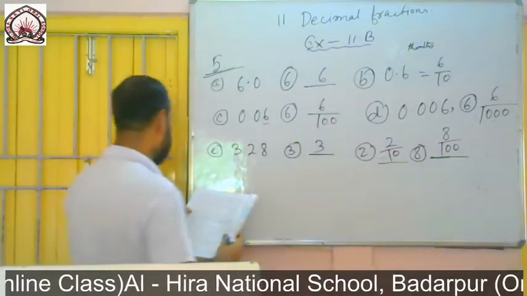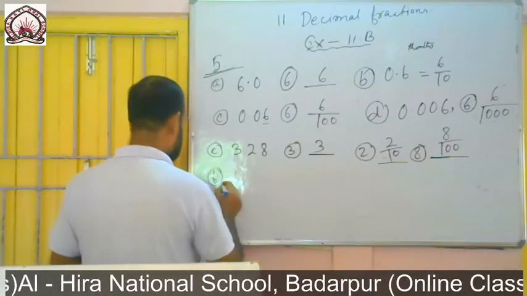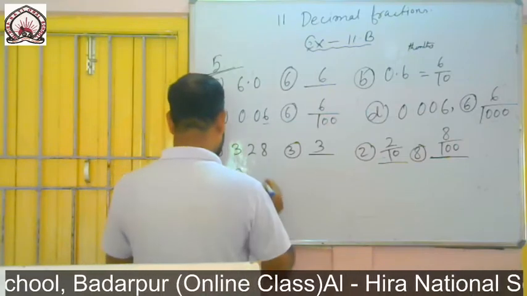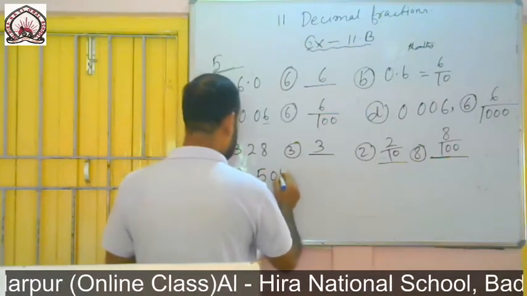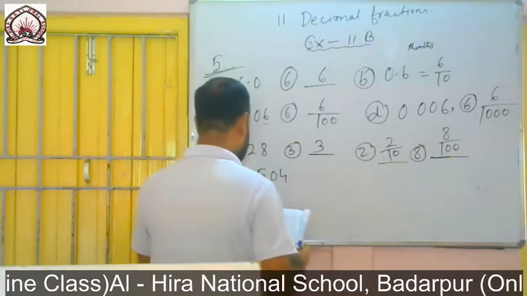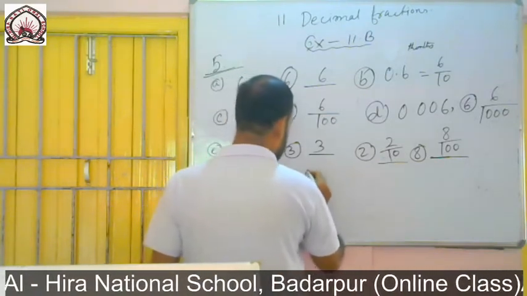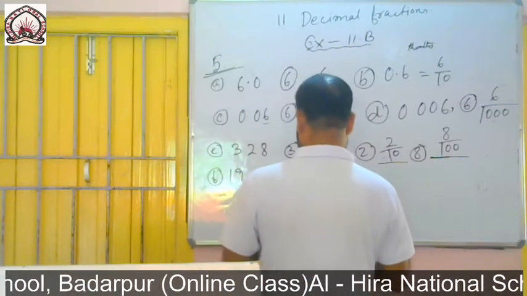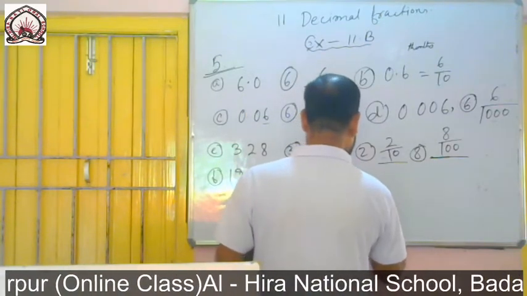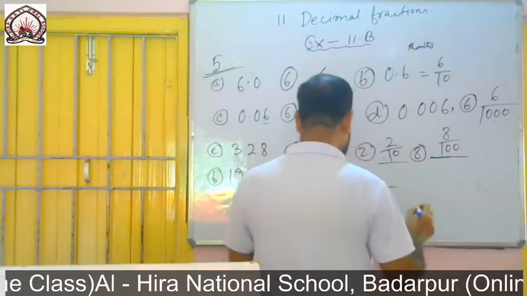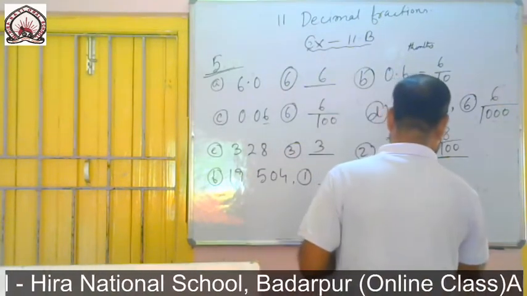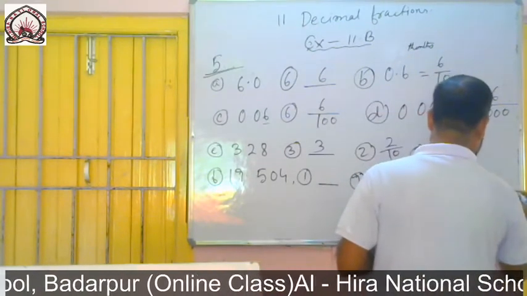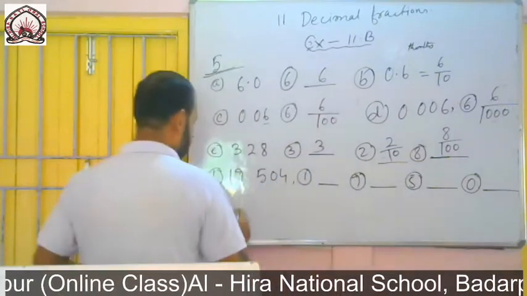Next, question number F, 19.504. We take out the place value of 1, then 9, then 5, then 0, then 4.